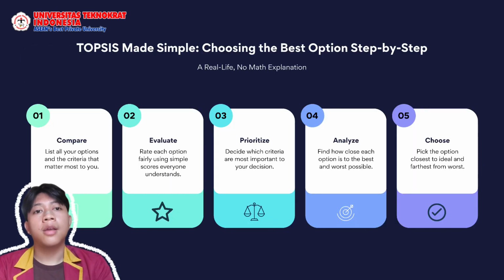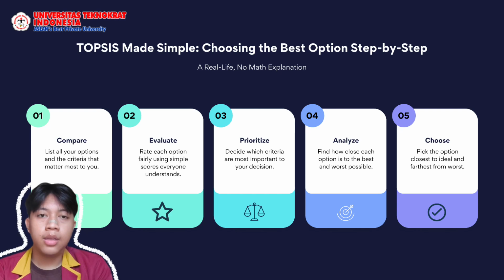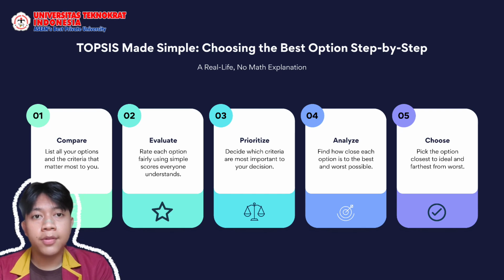Before we start the steps, let's understand the main idea of TOPSIS. TOPSIS is a method used to help people choose the best option from several choices. The process starts by comparing available options and the criteria that matter most.